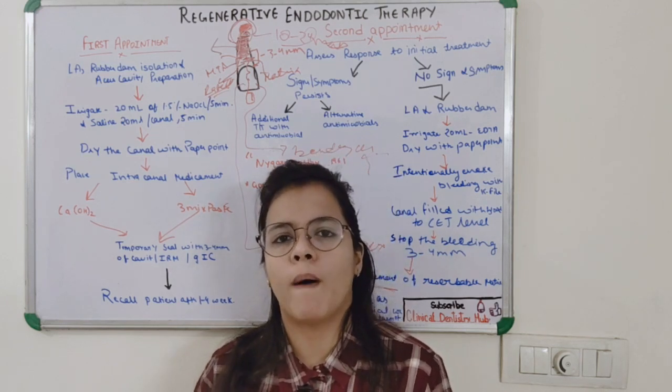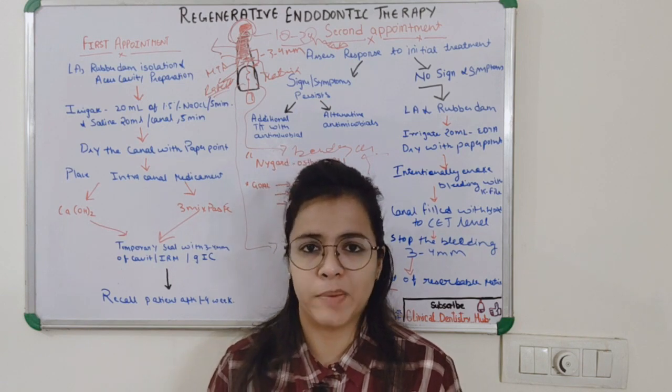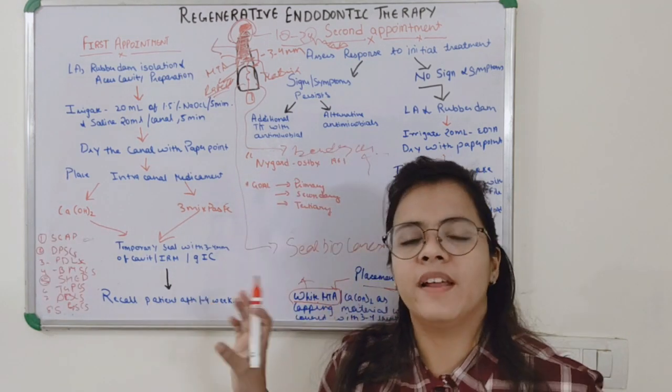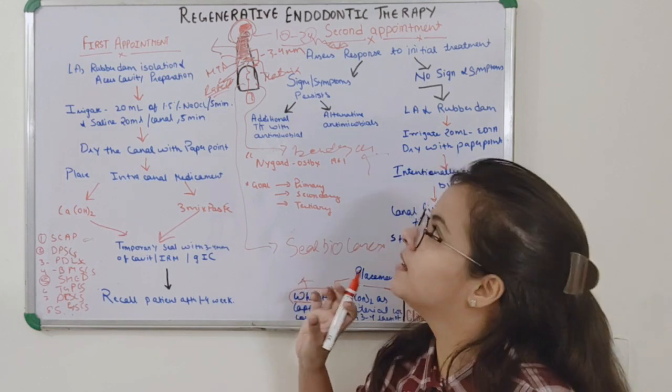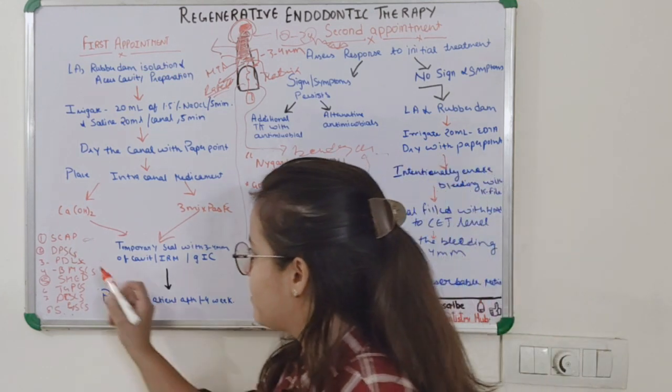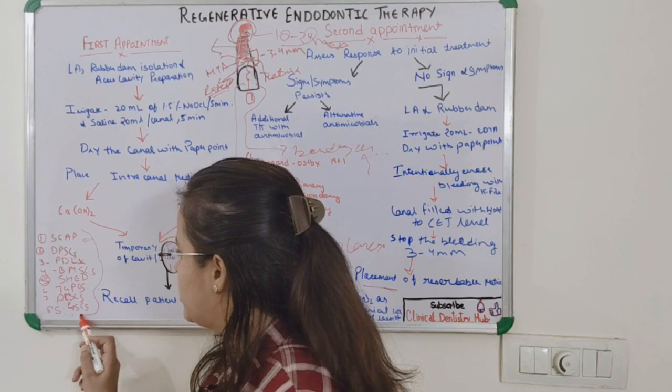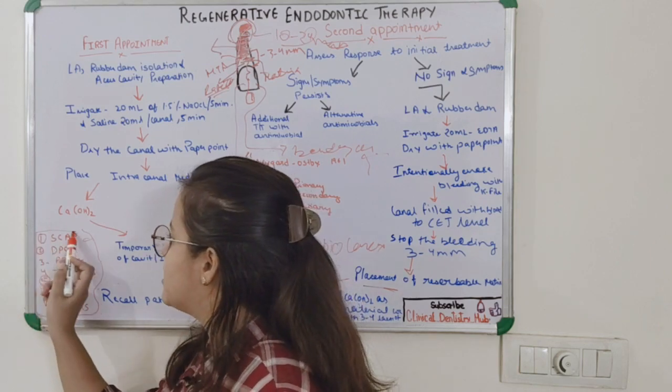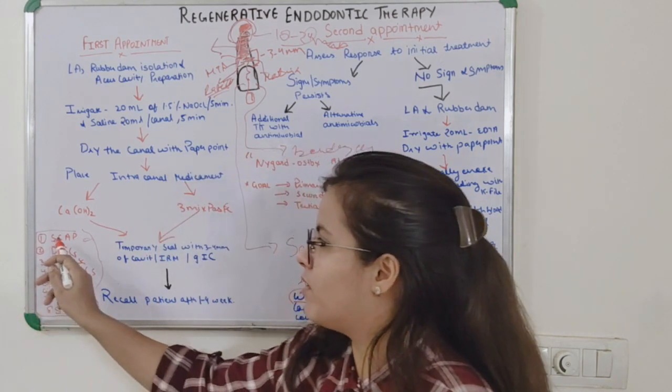Plus there are various components of regenerative endodontic therapy also. There are various cells present in regenerative endodontic therapy, and I have mentioned the types of cells over here. So this is basically the scaffold, stem cells of apical papilla.